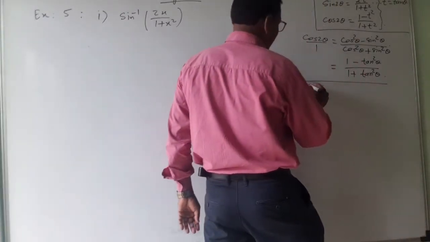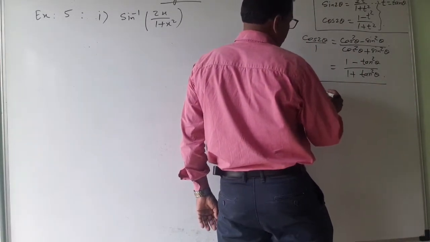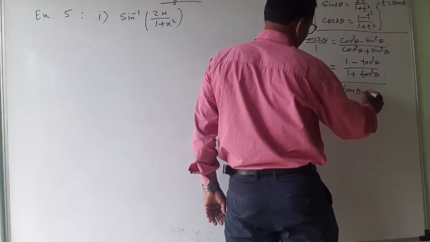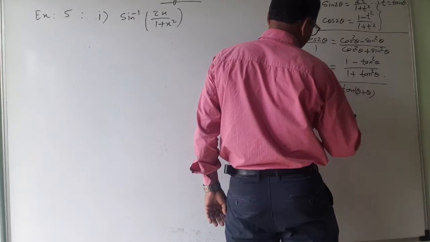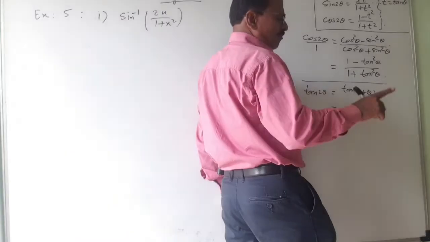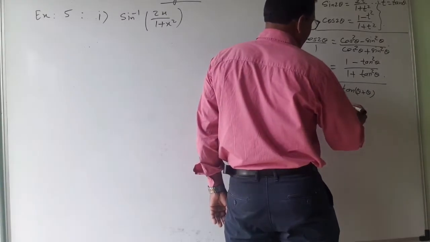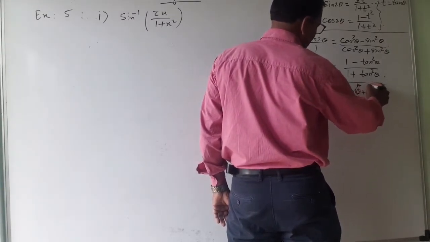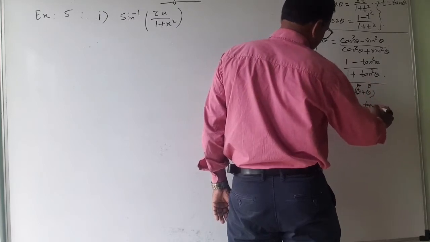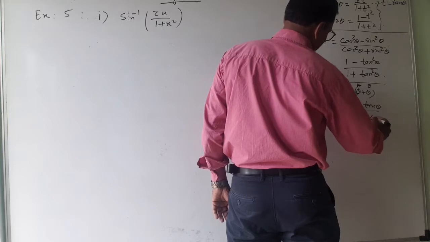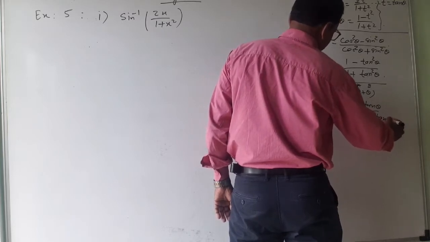Again one more formula, tan 2 theta is equal to tan of theta plus theta. Tan of a plus b is equal to tan a plus tan b upon 1 minus tan a into tan b, meaning tan theta plus tan theta upon 1 minus tan theta into tan theta.